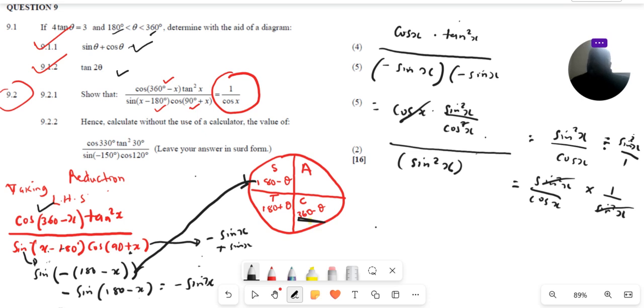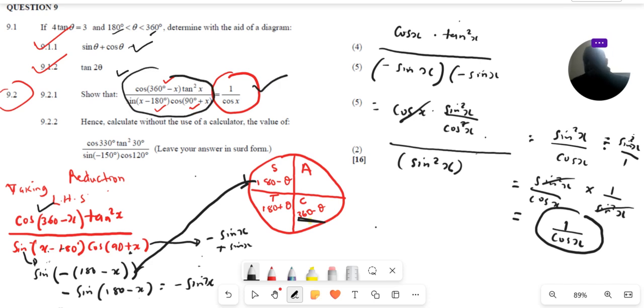And finally, I'll have 1 over cos of x. You see that the left-hand side gave me the answer which is the same as the right-hand side. So my final answer is that the left-hand side is equal to the right-hand side. It means that you have shown.